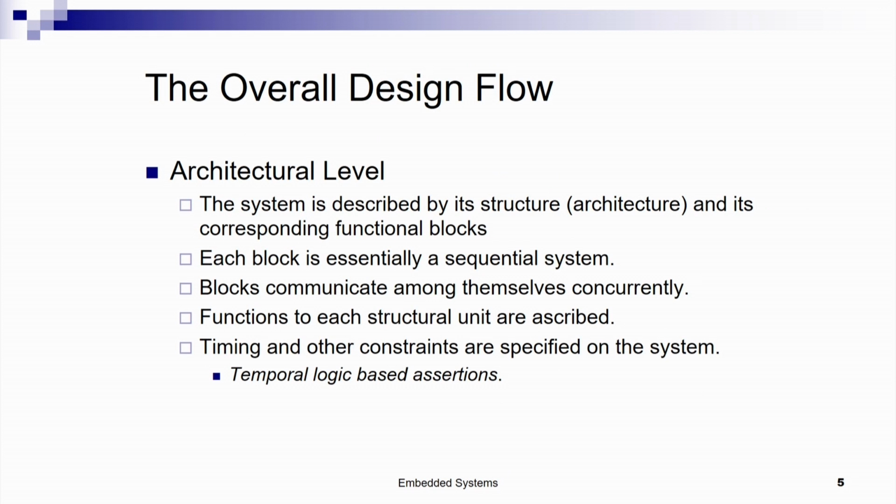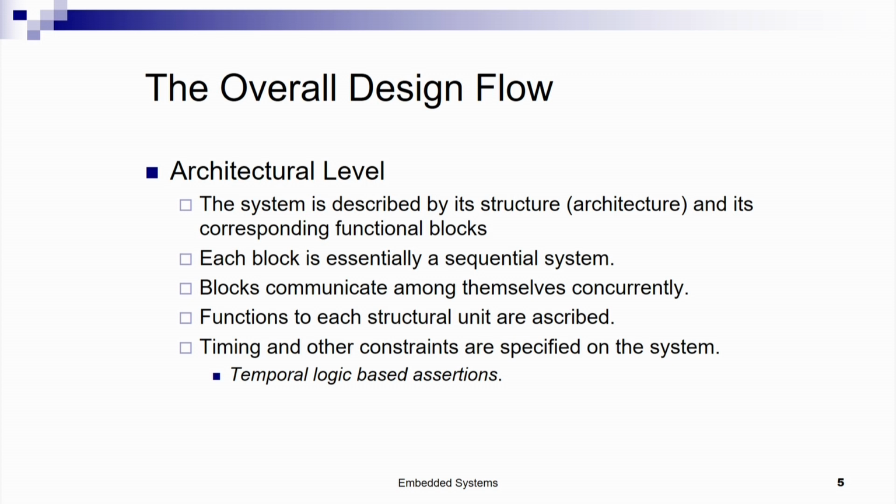Now, the hardware design flow goes through a set of phases, as I said. The first of them is the architectural level, where the system is described by its structure and its corresponding functional blocks. So, we have these concurrent communicating processes.